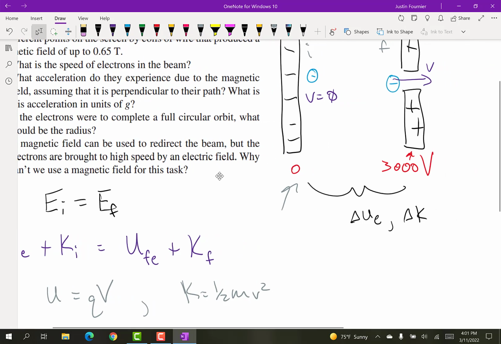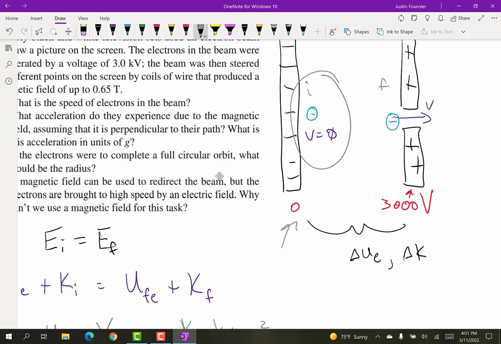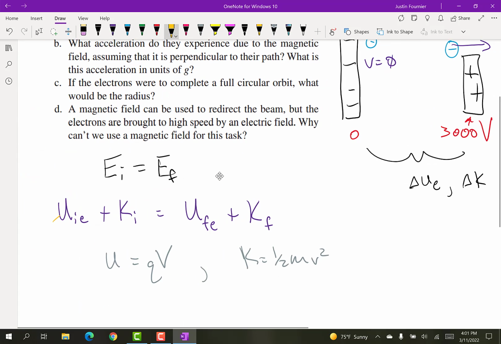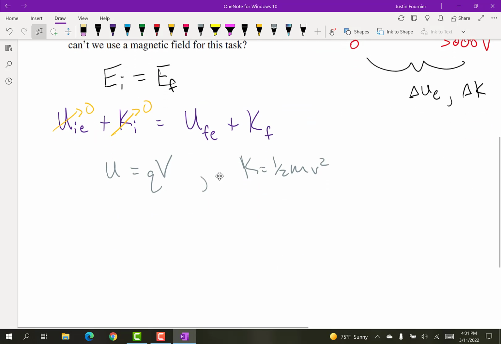So the voltage at the beginning is 0. So at first, the electron has no kinetic energy. It's not moving, and it's at my 0 moment. So both the potential energy and the kinetic energy are going to be 0 here, where at the end I will have some potential energy and some kinetic energy. Let's see what that looks like.